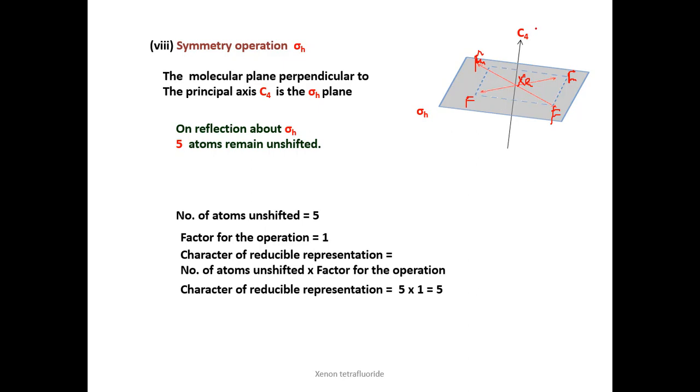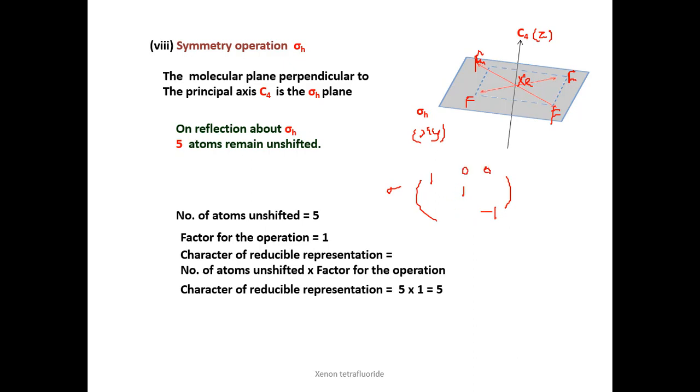C4 is the principal axis. The principal axis is normally taken as the Z axis, and so sigma H will be the XY plane, and for sigma the transformation matrix will be like this. Because it is the XY plane, the diagonal elements will be: in the place of x you will have 1, in the place of y you will have 1, and in the place of z it will get shifted, and so instead of plus 1 we will have minus 1.